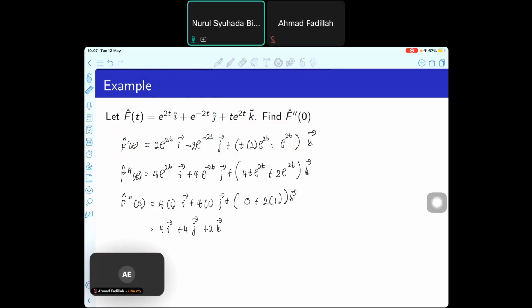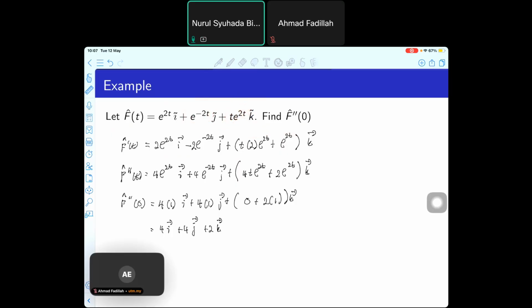So from here, the derivative of e to t is equal to 2e to t, and the derivative of e to the negative 2t is equal to negative 2e to t, and the derivative of this part is equal to this one. So keep in mind, we have t and we have 2t here.